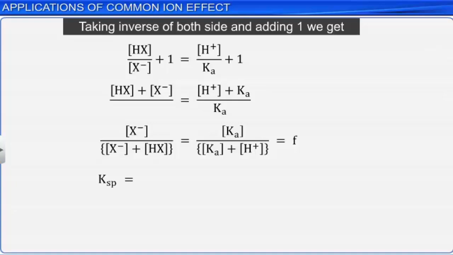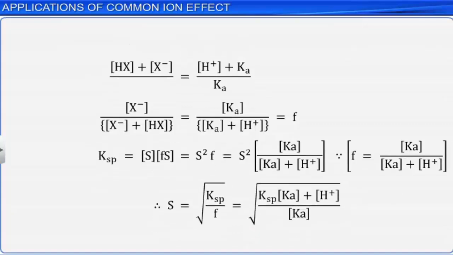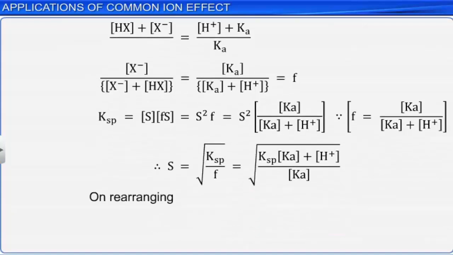That is, equal to the product of S² and F. Therefore, solubility is equal to the square root of Ksp divided by F. On rearranging the equation, we get solubility S is equal to the product of Ksp and H⁺ plus Ka divided by Ka, whole to the power half. So we can conclude that solubility increases with a decrease in pH or an increase in H⁺ ion concentration.